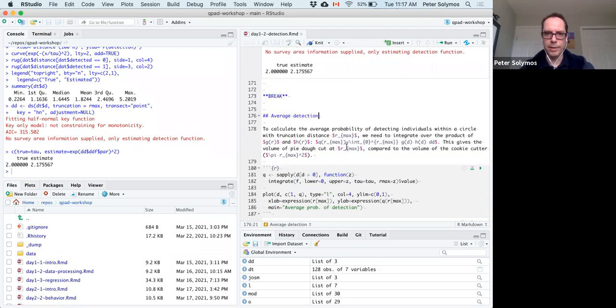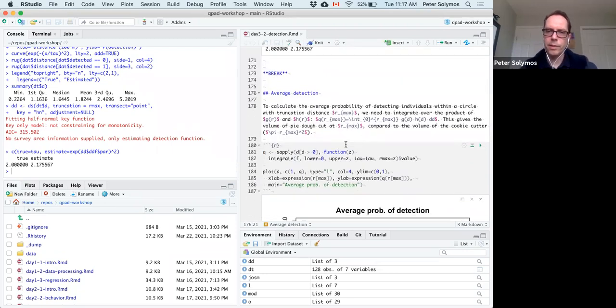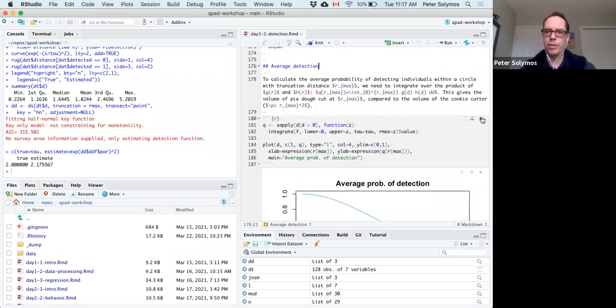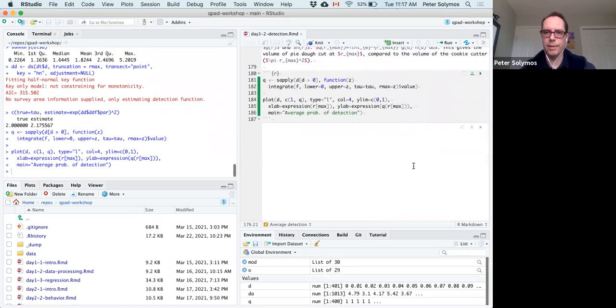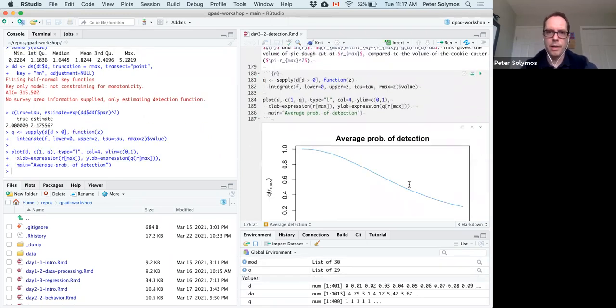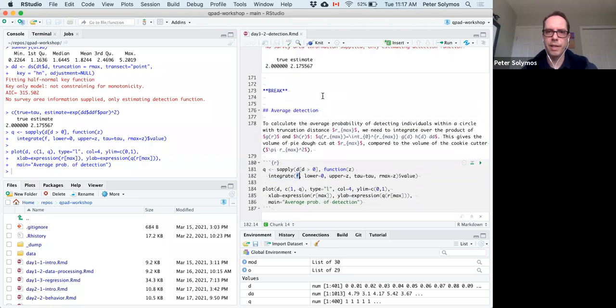So let's go back to it. We talked about this Q, average detection. You can see this familiar curve. And we can use this integrate function to integrate over this F that we defined up here.